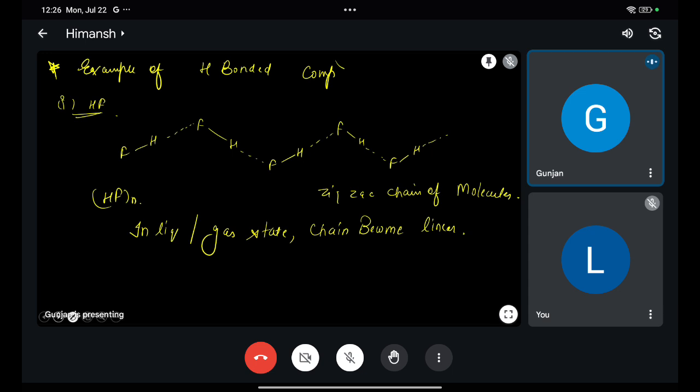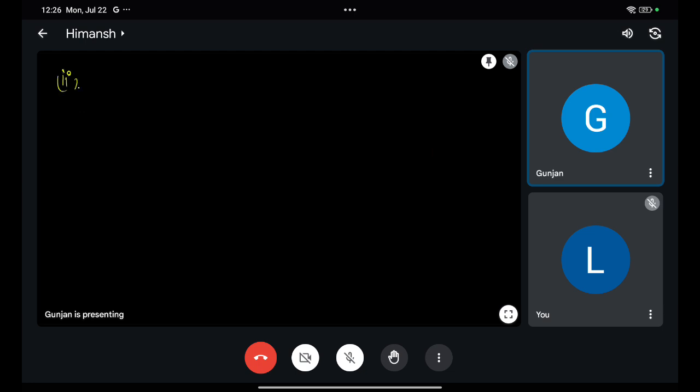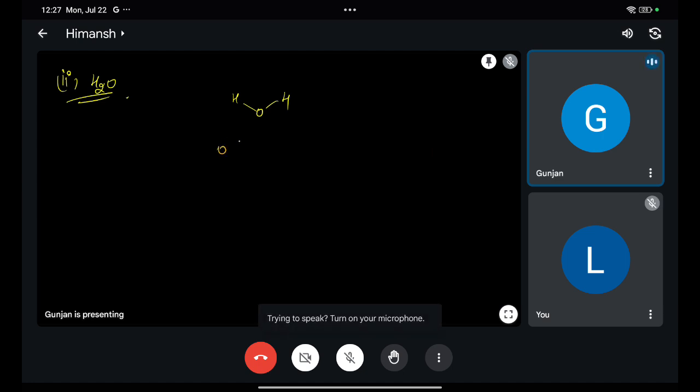Next example is water. The water forms a structure like oxygen having hydrogen. The next atom contains again oxygen, hydrogen and hydrogen.